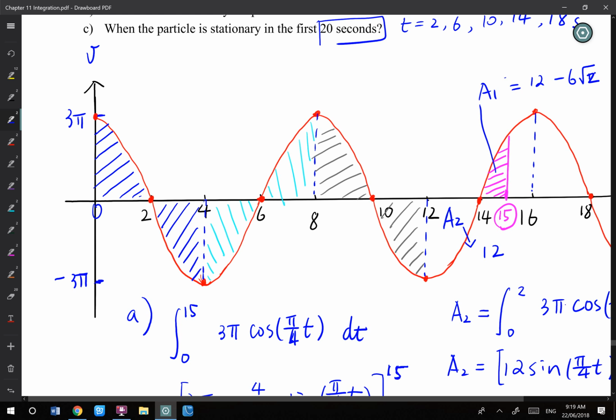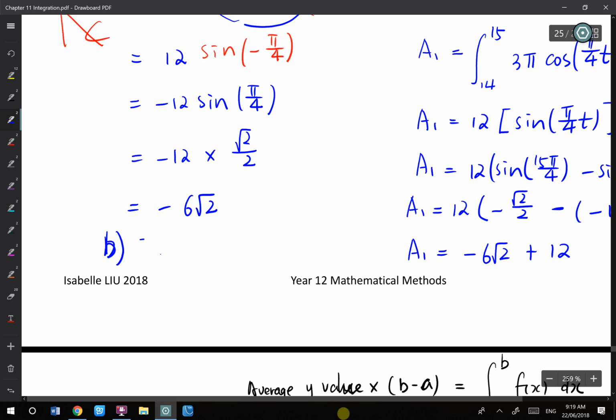You can count the total area, right? The total area is 1, 2, 3, 4, 5, 6, 7 lots of A2 plus the A1. So it's 7 times 12 plus bracket 12 minus 6 root 2.